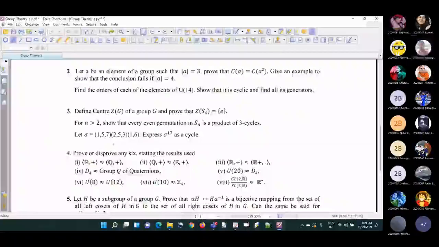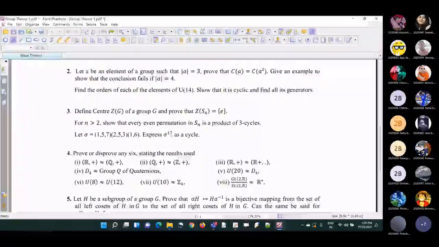Yes, sir. And then we can decide the order of sigma, and once we know the order of sigma, suppose the order of sigma is for example 5 or 6 or 3, or suppose 6, then sigma to the power 6 is going to be identity. All right, and then we need to find sigma to the power 17.